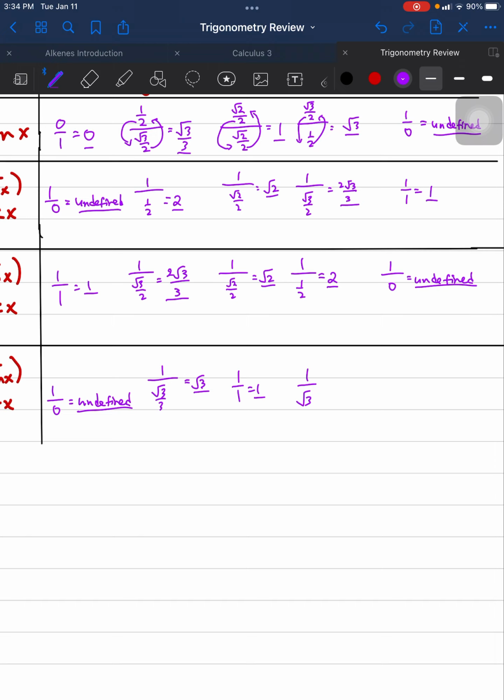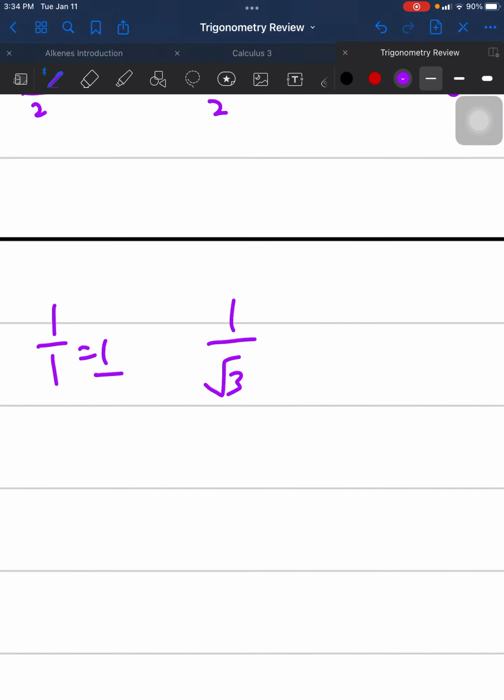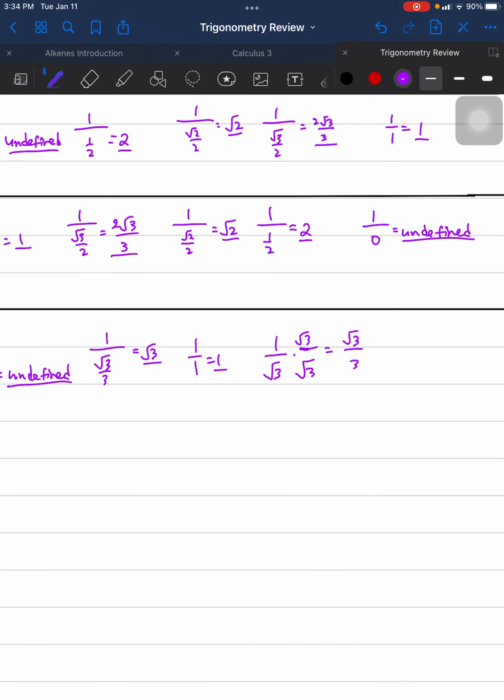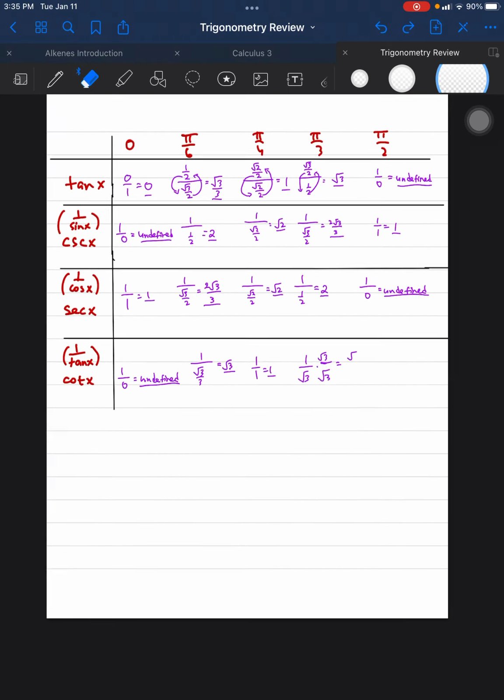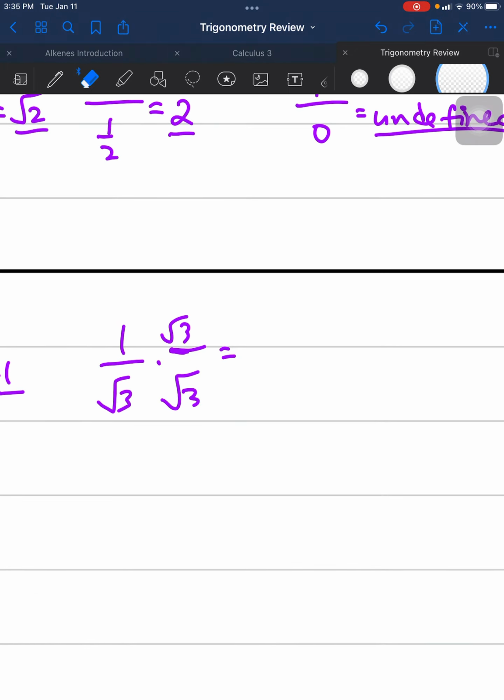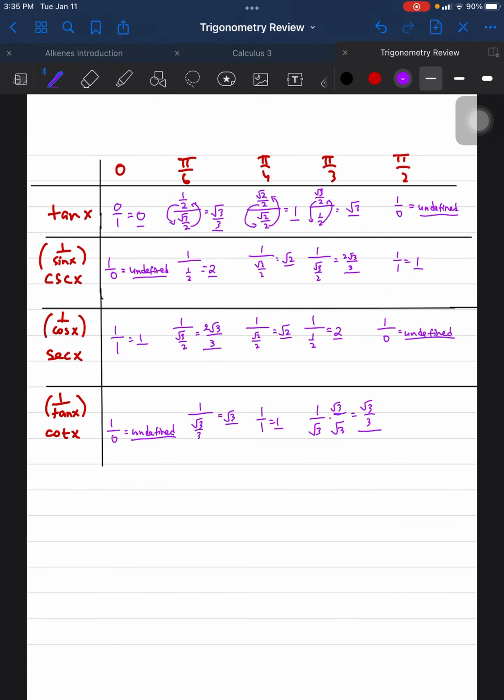So when we plug this in, 1 over radical 3, we get this, but remember we have to multiply by its conjugate to make it in a simpler form. So we get radical 3 over 3. So at pi over 3, the value for cotangent of x is simply radical 3 over 3.